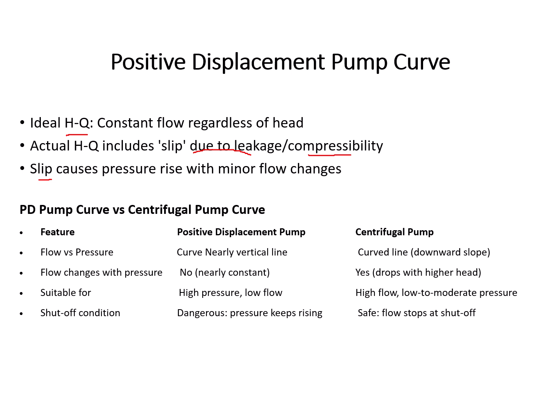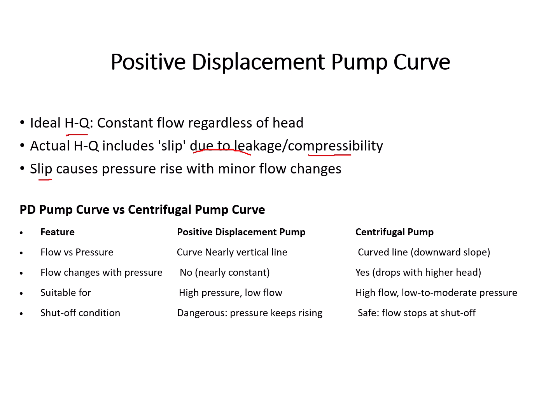In centrifugal pumps, of course, the flow drops with higher head. We can always say that positive displacement pumps are suitable for high pressure, low flow, and withstand high pressure. The centrifugal pump is suitable for high flow, low to moderate pressure.